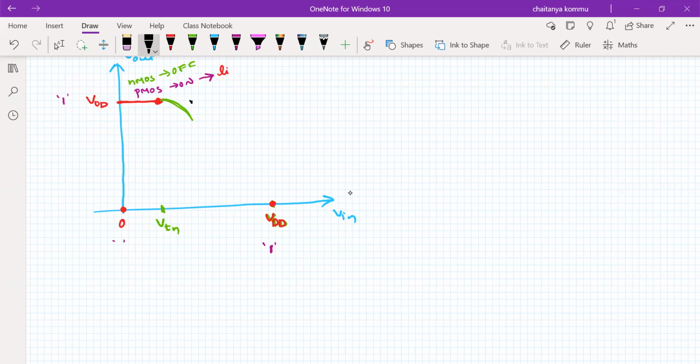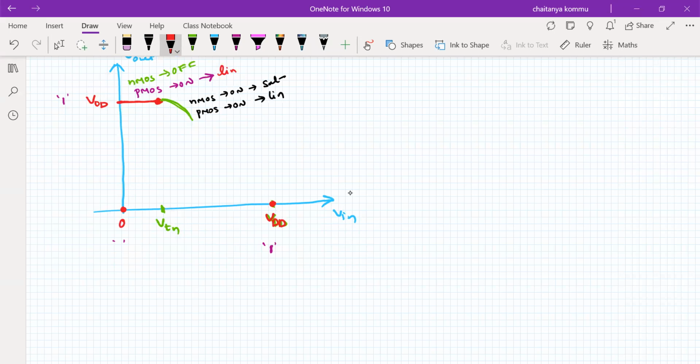Here NMOS is on, in saturation. PMOS is also on in this situation, but it is in linear. Of course, we know the PMOS was linear in the previous case also, and it continues in the linear region.